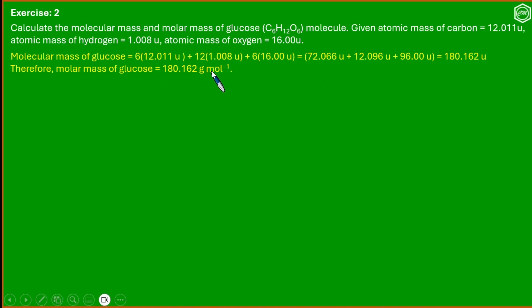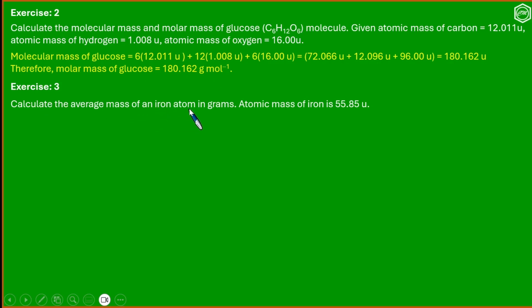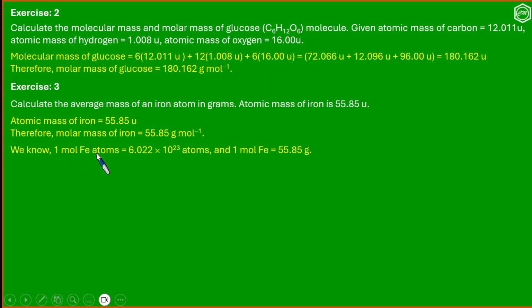Therefore molar mass of glucose is 180.162 gram per mole. Calculate the average mass of an iron atom in grams. Atomic mass of iron is 55.85 u. Therefore molar mass of iron is 55.85 gram per mole. We know 1 mole of Fe atoms is equal to 6.022 into 10 raised to 23 atoms, and 1 mole Fe is equal to 55.85 gram.